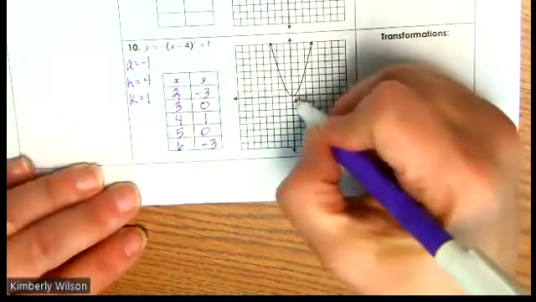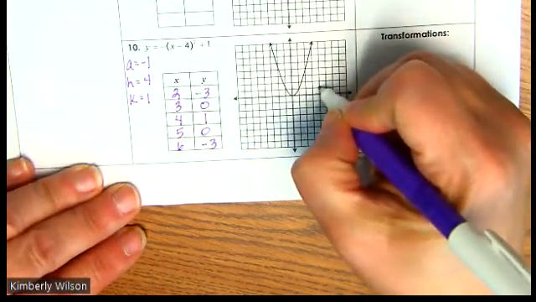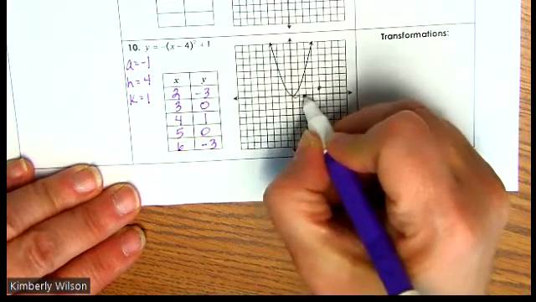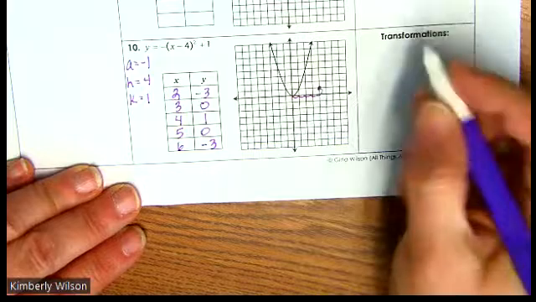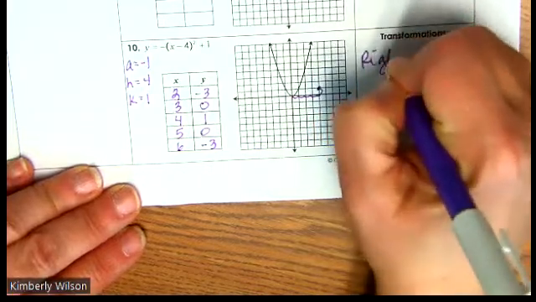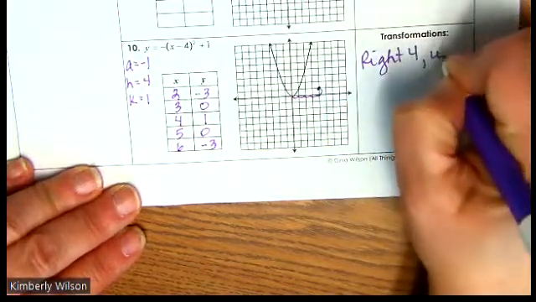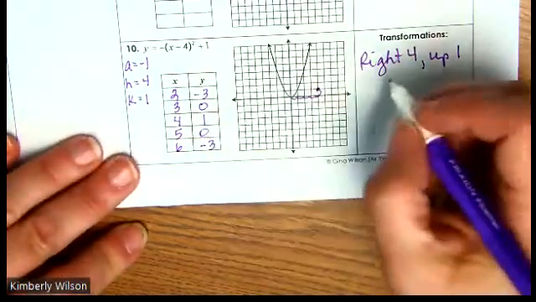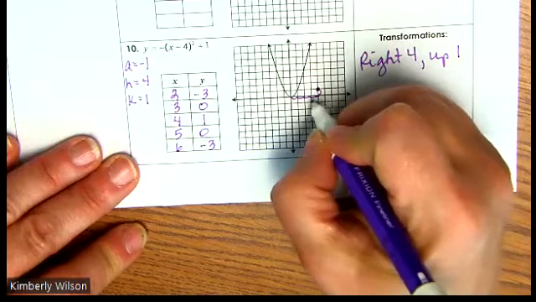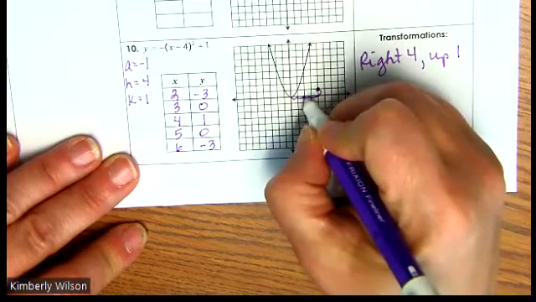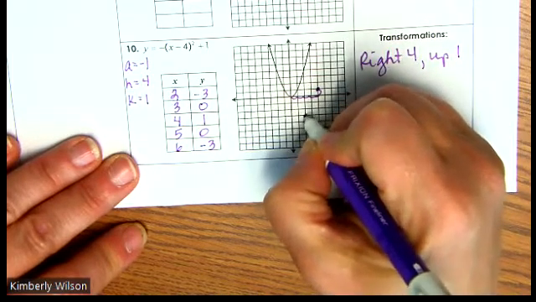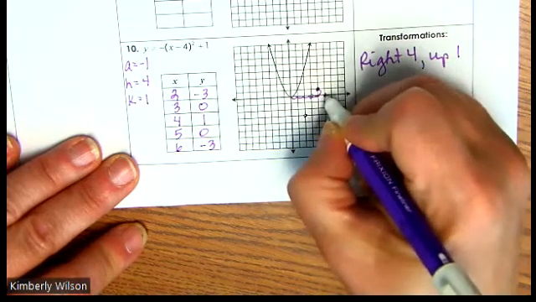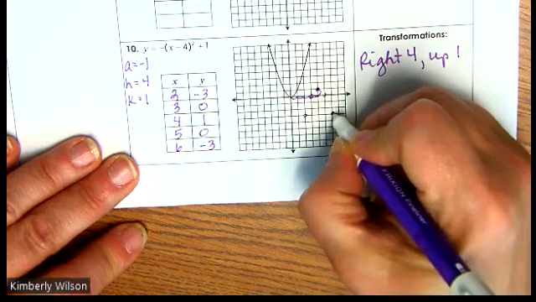So we have 4, 1. I can see right now that's shifted over 1, 2, 3, 4 to the right, and then went up 1. So I can write that right 4 up 1. That's what my vertex did. Now we plot the points. So I have 2 is -3. 3 is 0. 5 is 0. And 6 is -3.